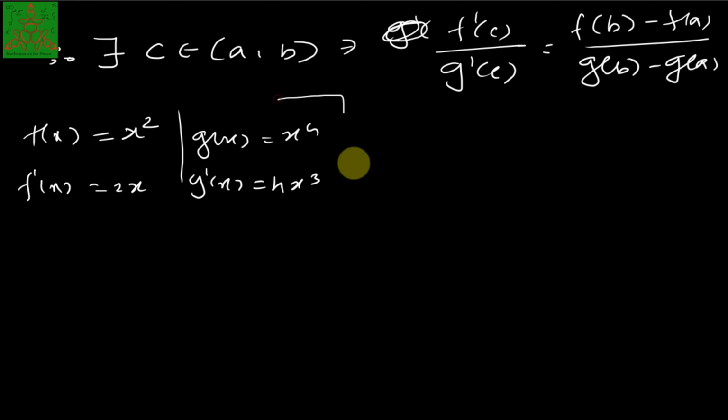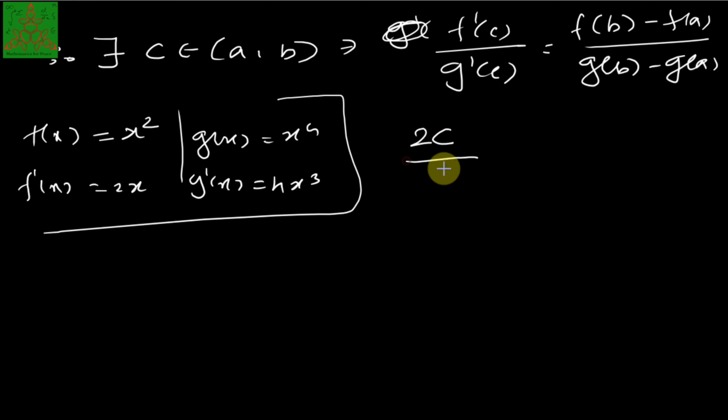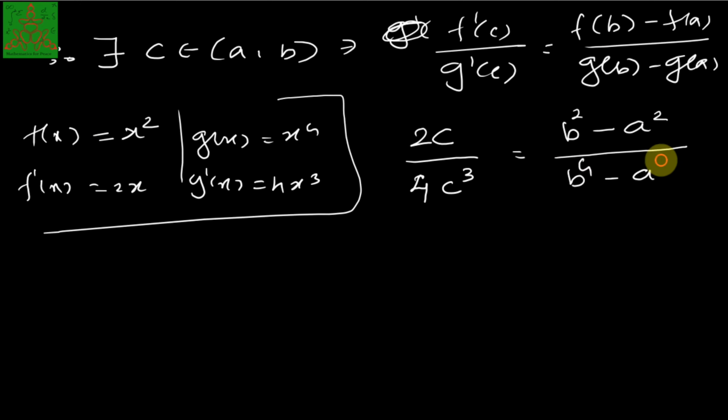So this will lead to 2c upon 4c cube equal to b square minus a square upon b power 4 minus a power 4.